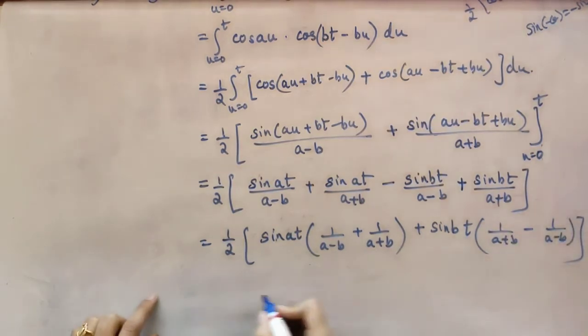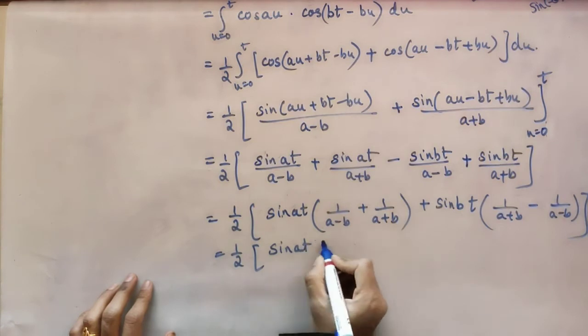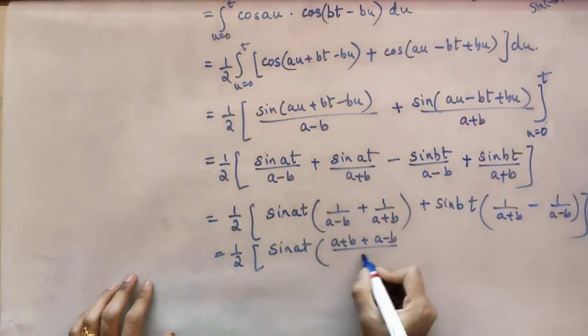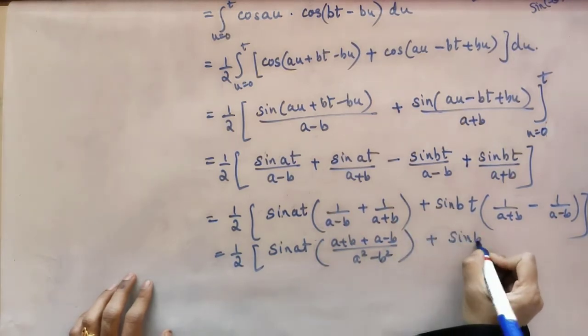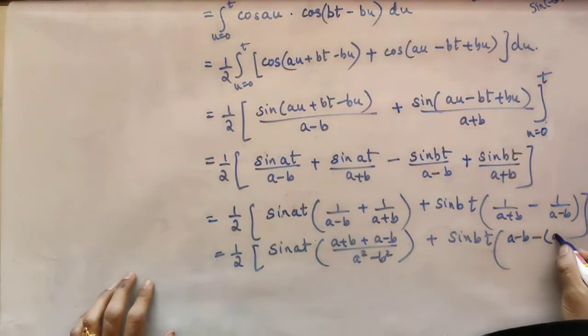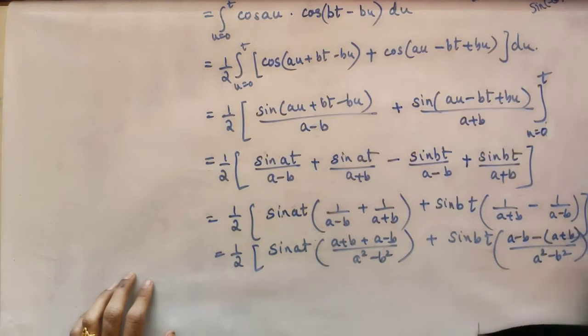Now simplify this. It is half sin at, a plus b plus a minus b divided by a square minus b square, plus sin bt, a minus b minus of a plus b over a square minus b square in the denominator.